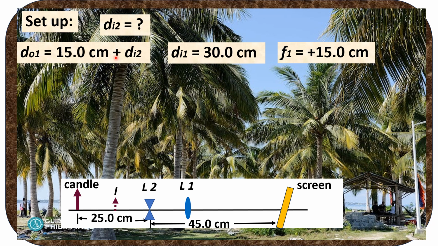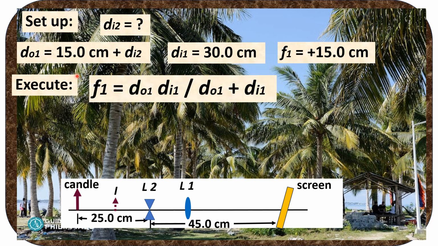So, for us to be able to determine d sub I2, we are going to use the thin lens formula, which is already a derived formula. That is, focal length f sub 1 is equal to the product of d sub O1 and d sub I1 divided by their sum, d sub O1 plus d sub I1. F sub 1 is given, or we already know the value of f sub 1.